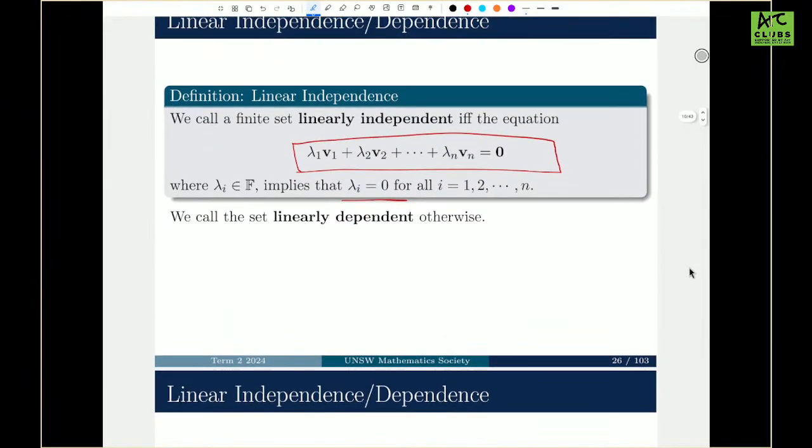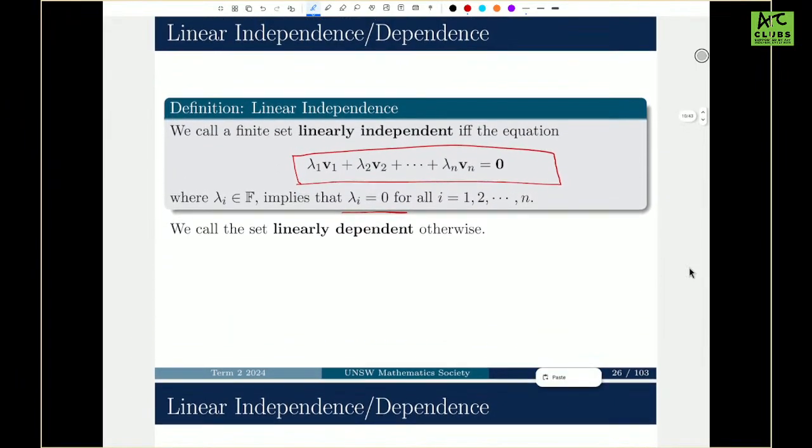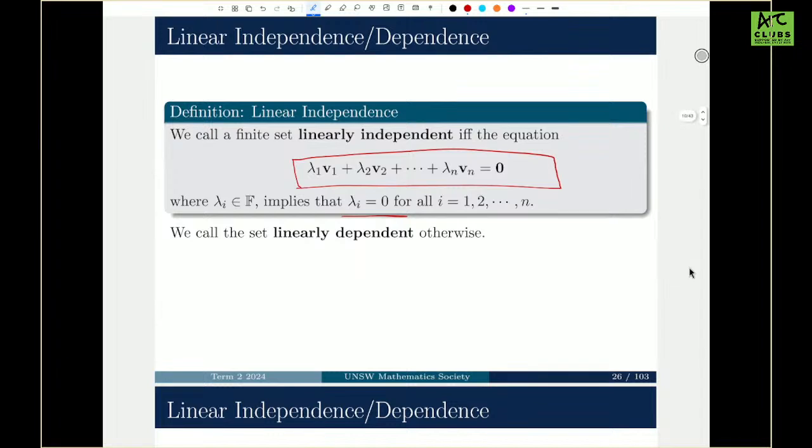So basically, there's no linear combinations of elements that end up being 0 besides the trivial linear combination of just all the lambda i's being 0.